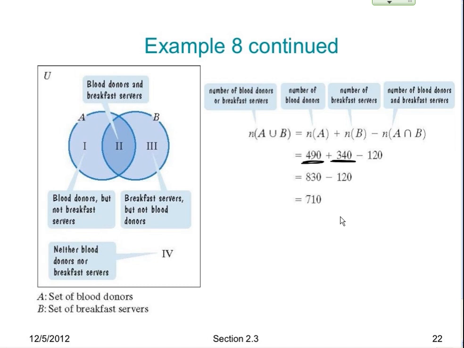So notice we only added on one of the 120s, but we took off two. So to avoid the duplicate, we have to take off one of those intersections. Gives us 710 people who were willing to donate or serve breakfast.